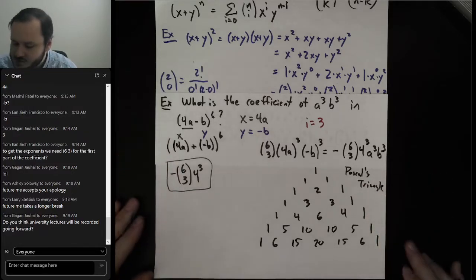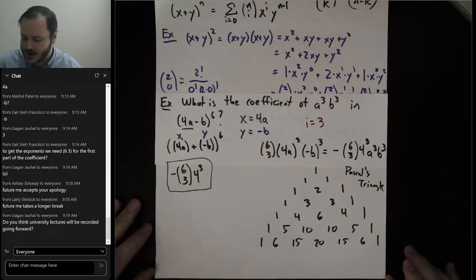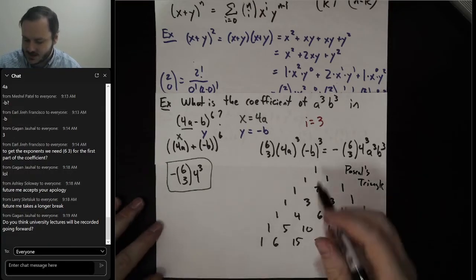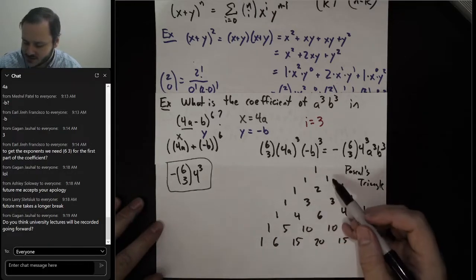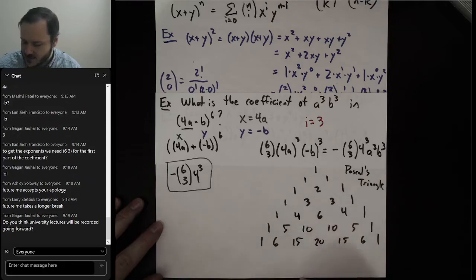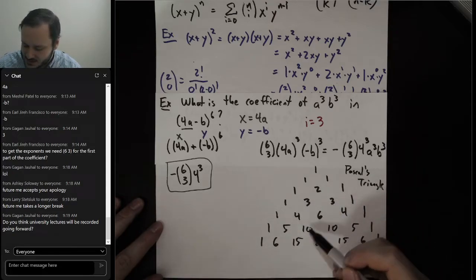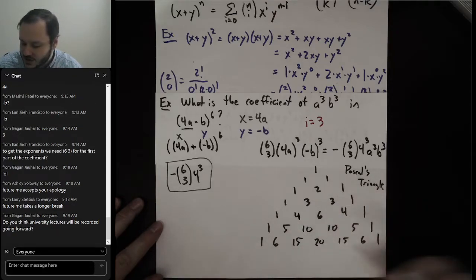Besides just being a fancy thing to draw, it has lots of patterns in it. You can see this diagonal is all 1s, this diagonal is 1, 2, 3, 4, 5. This diagonal 1, 3, 6, 10, 15. These are triangular numbers.